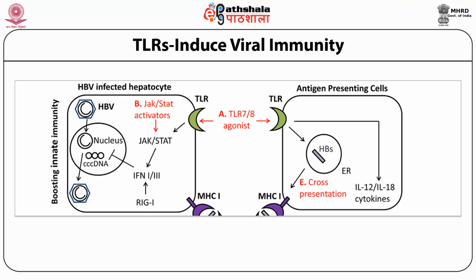So directly and indirectly, TLR agonists boost the infected hepatocyte and the antigen presenting cells also, because once the TLR expression is high on antigen presenting cells, the surface molecule of hepatitis B virus will be cross presented well through MHC molecule to the other T cells.